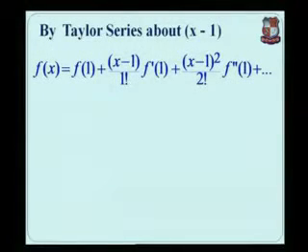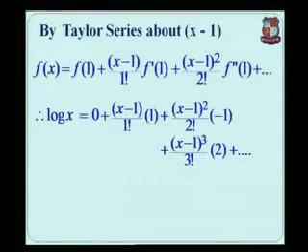So first of all, f(x) is log x. Value of f(1) is 0 plus (x minus 1) by 1 factorial multiplied by 1 plus (x minus 1) square by 2 factorial multiplied by minus 1 plus (x minus 1) cube by 3 factorial multiplied by 2, because we have the values 0, 1, minus 1 and 2.